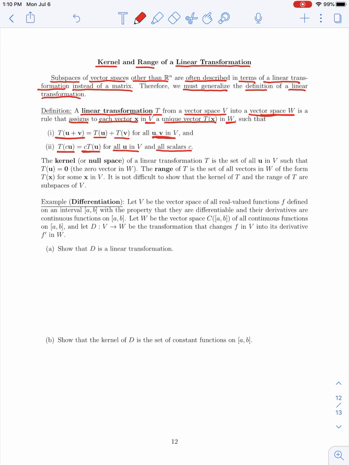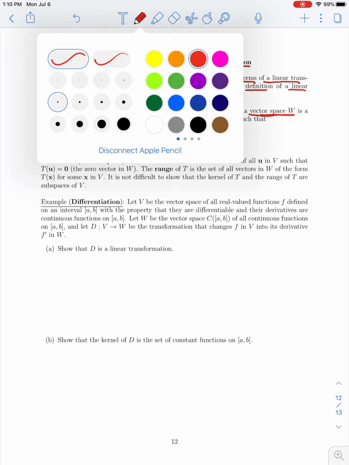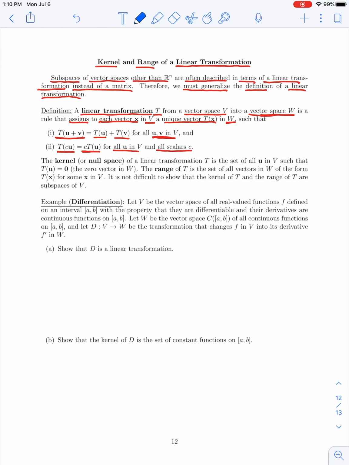Now, for a linear transformation between vector spaces, say V and W, we would define the kernel or null space of that linear transformation T as the set of all vectors u in the space V such that T of u, that is the image of u under the transformation T, is equal to the zero vector in our W subspace.